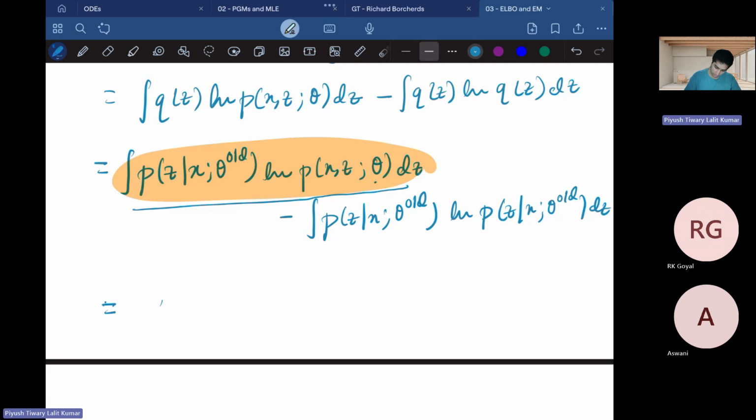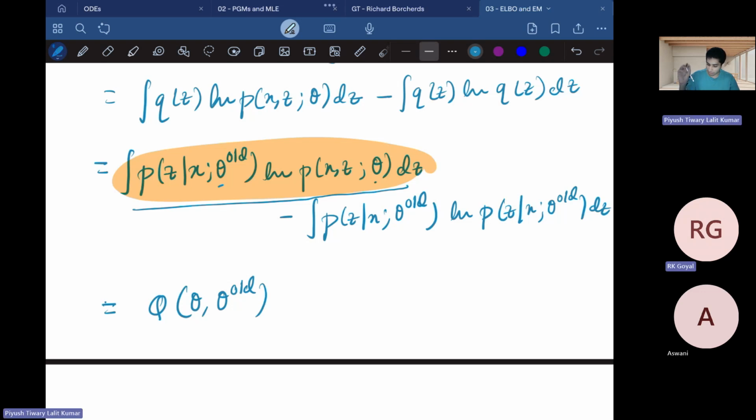Let's call the first term a Q function, Q of theta comma theta old. I am writing theta comma theta old because there is a theta old that we have from the previous iteration, something that we computed in the previous iteration or started with.